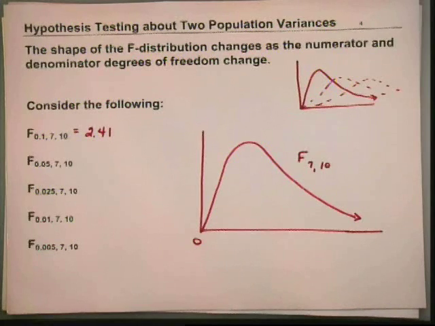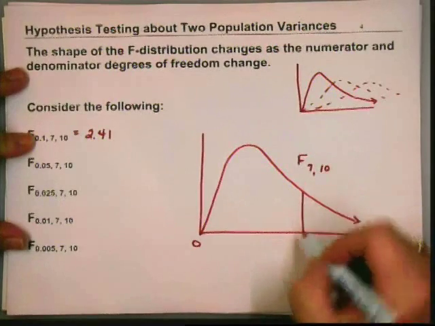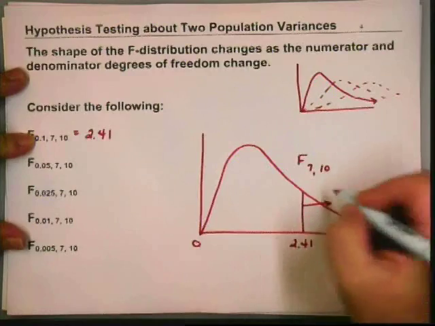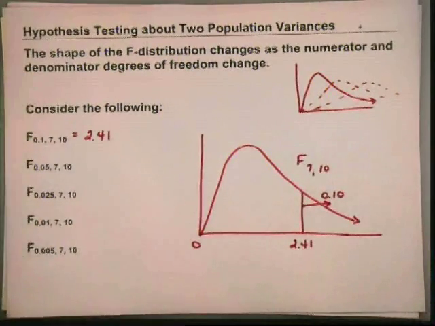All right, they change in that direction as well. So as numerator degrees of freedom increases, those values get smaller, probably not as rapidly as the ones we're seeing down the column. Okay, so we have 2.41 here, so that means that if I mark here 2.41, the right-hand area here is 0.1.